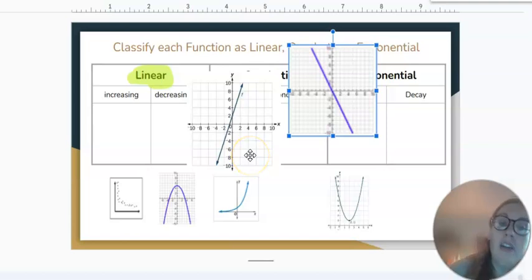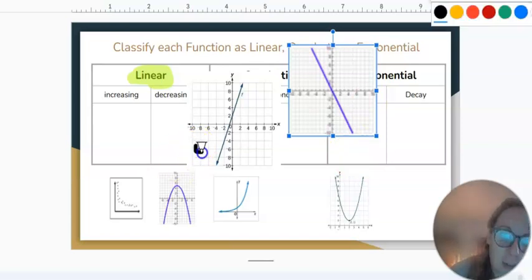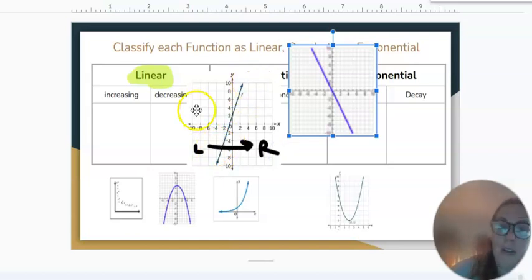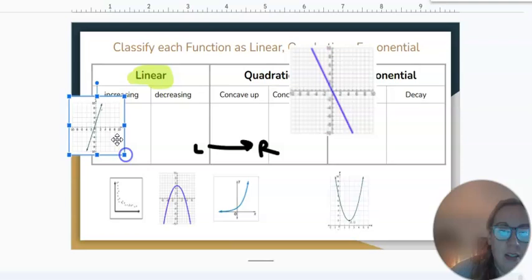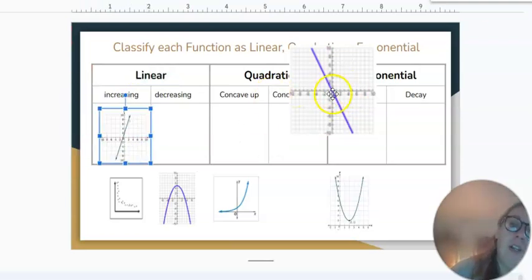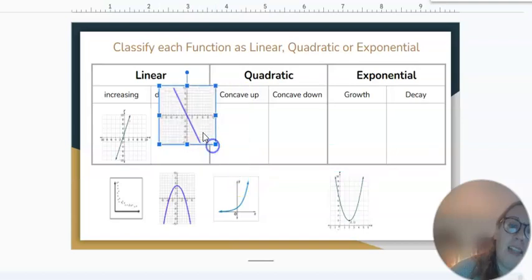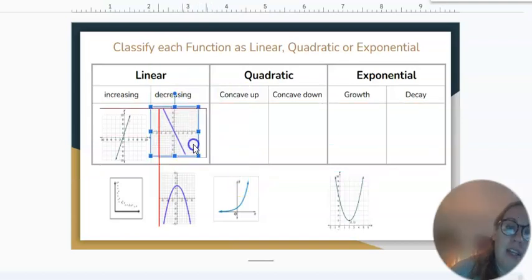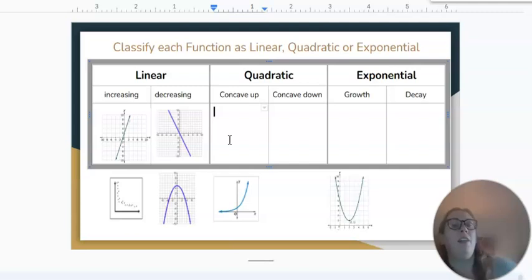So linear is just a straight line, and we always read it from left to right. So here's the left part of the graph and to the right. So left to right, this graph is going up. So this one is increasing. And this one, this blue line, is going down from left to right. It is decreasing.